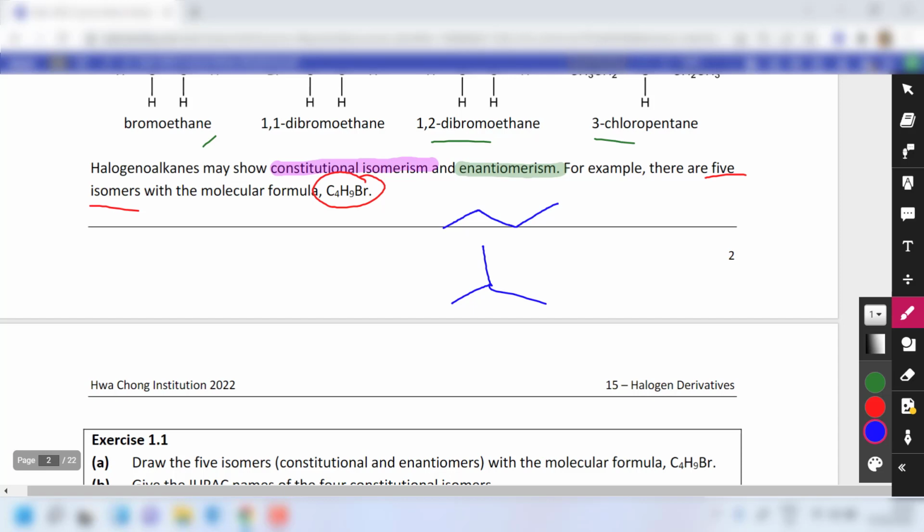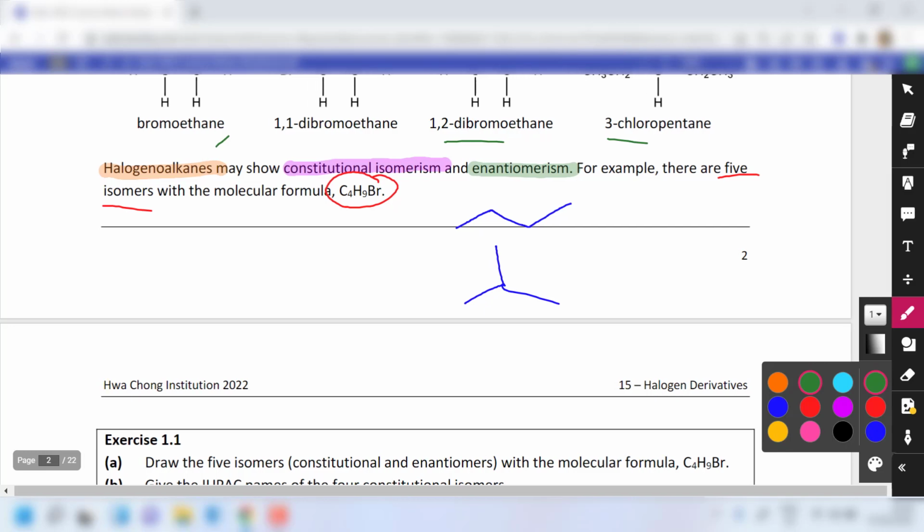Maybe before I move into inserting the Br, one question you might have in mind is, how do you know that C4H9Br is saturated? Of course, the statement mentioned that it is an alkane. But how do we know that it is saturated if, let's say, in the future we are given some structural elucidation kind of questions?